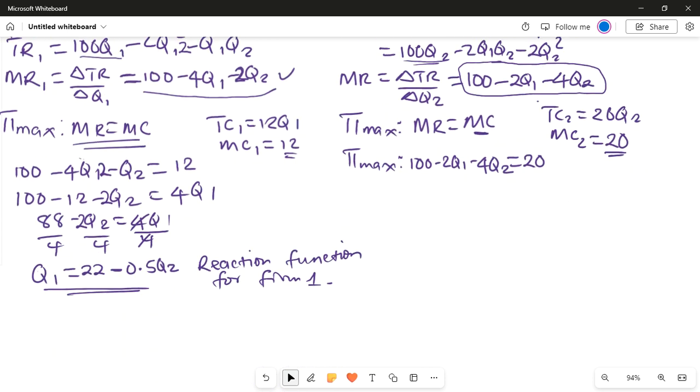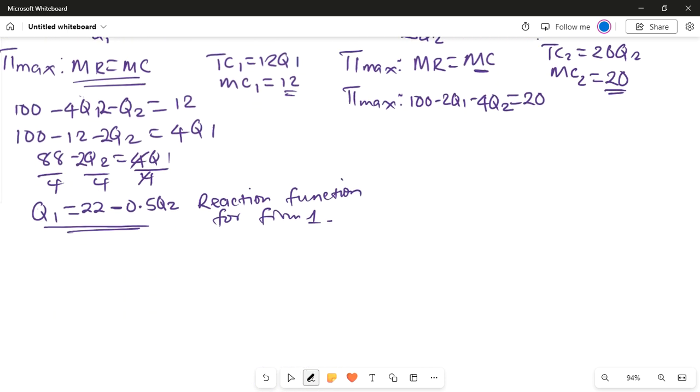From there we are just going to solve. In short, we're going to make Q2 the subject of the formula. So this is going to be 100 minus 2 Q1 minus 20 is equal to, so we take the 4 the other side, we get the 20 the other side. So this is equal to positive 4 Q2 now.